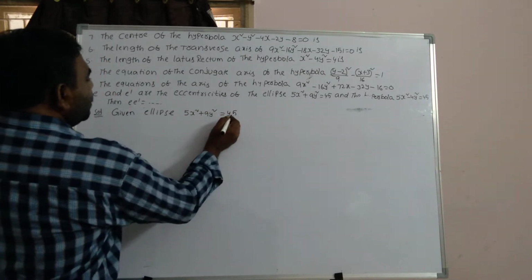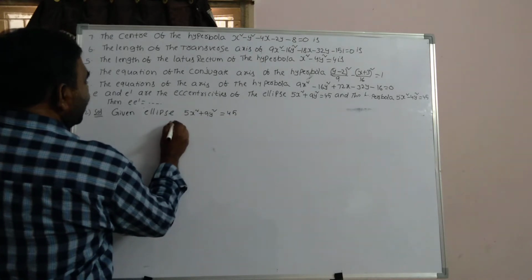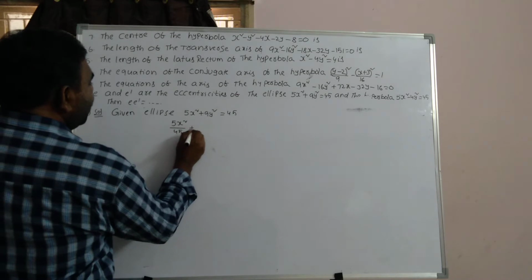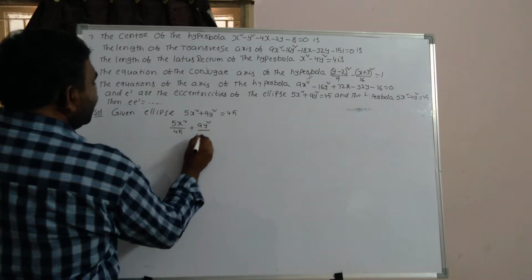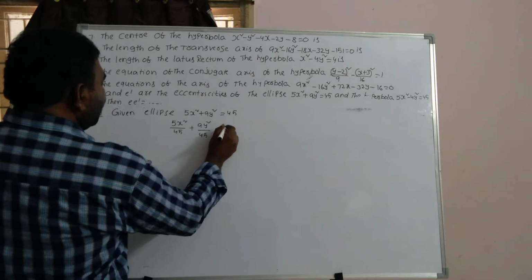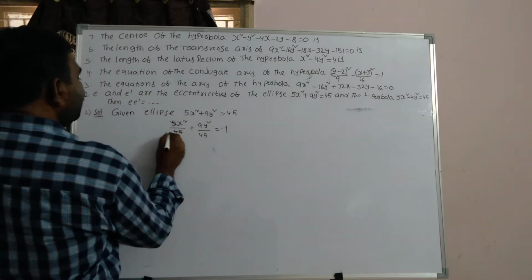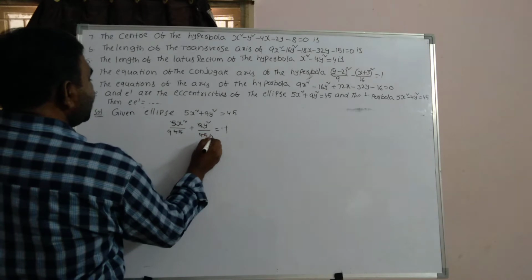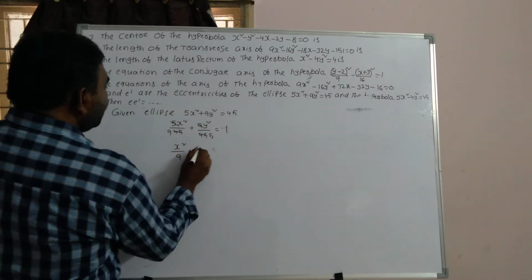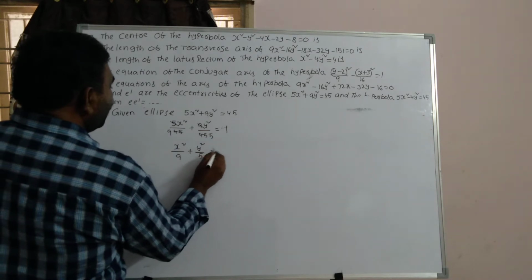So divide both sides by 45, we get 5x square by 45 plus 9y square by 45 is equal to 45 by 45 means 1. 5 ones are 5, 5 nines are 45, 9 ones are 9, 9 fives are 45. Here we get x square by 9 plus y square by 5 equal to 1.